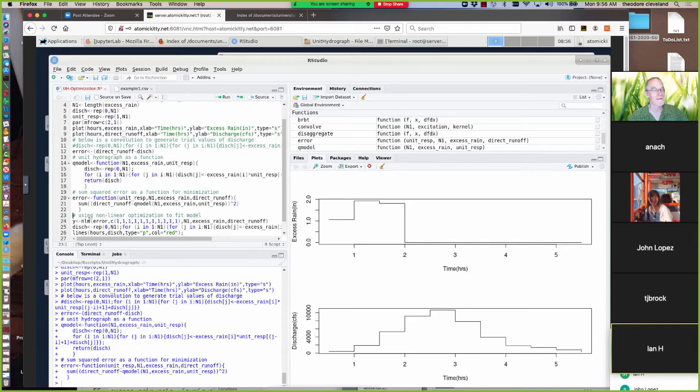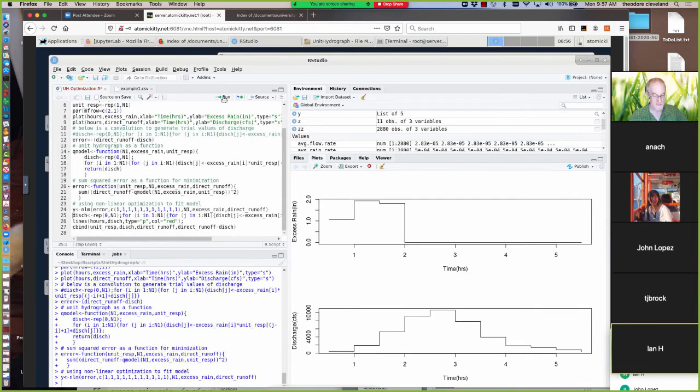And the NLM will attempt to minimize the error by changing the contents of this vector right here. And when it gets done, it will return a unit response vector and a value of the error vector. So this one line is doing a whole lot.